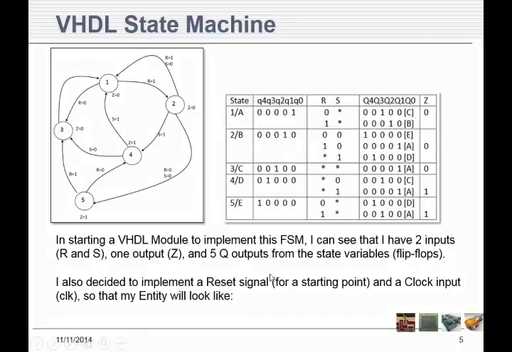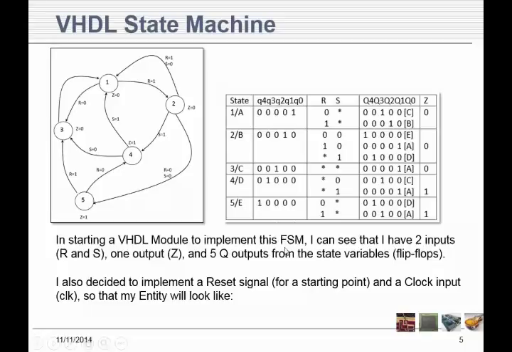So the next thing, if I'm going to implement this, I have to really take a look at this. I've at least got to come up with this much of a state machine before I start trying to design it. One thing I don't see in this or in this is a reset. We almost always have to have a reset unless you've got every possible state in your state variables.